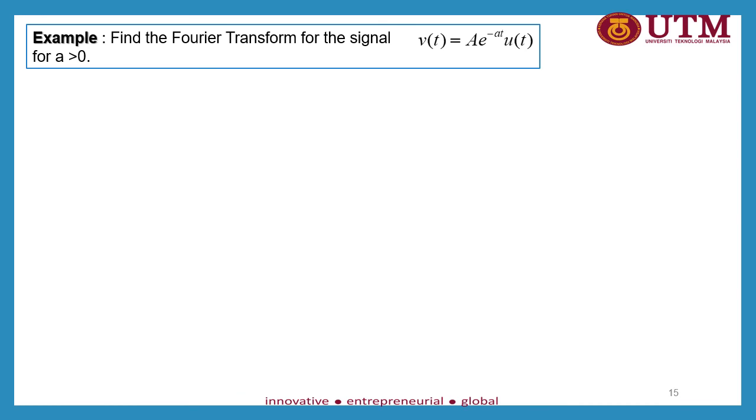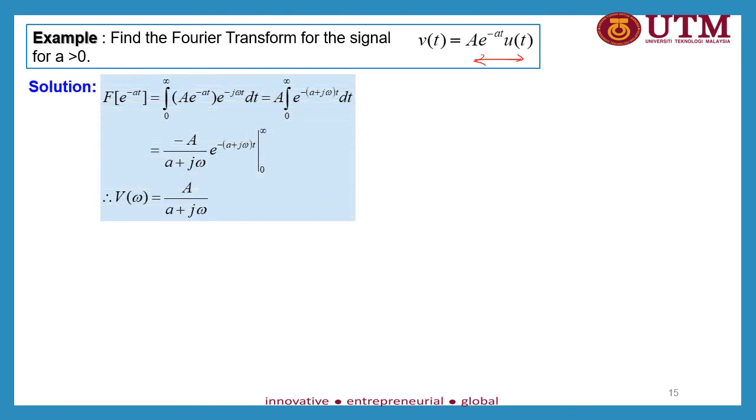Given the signal v(t) equals A e to the minus a t u(t), look at the complete equation, for a larger than 0. So find the Fourier transform of v(t). So if using the first method, you need to perform the integration.